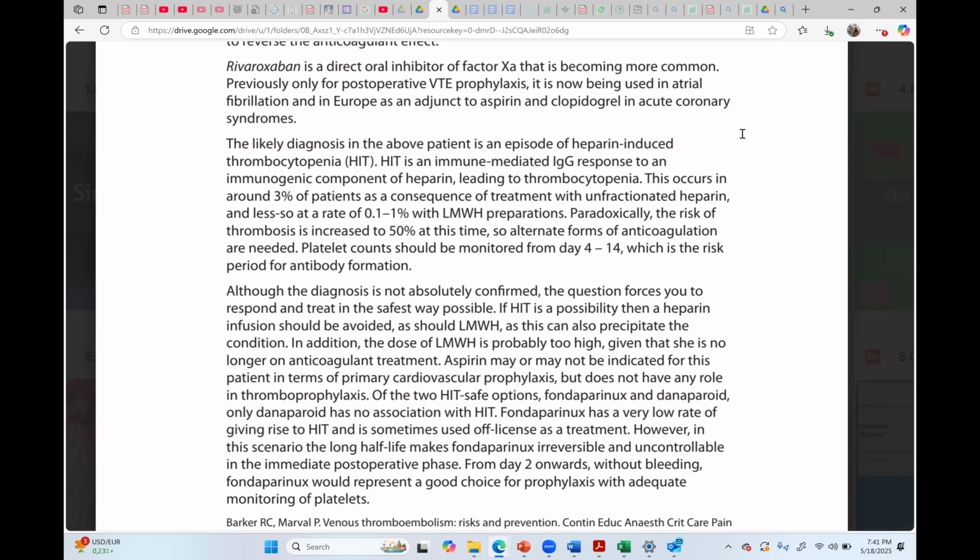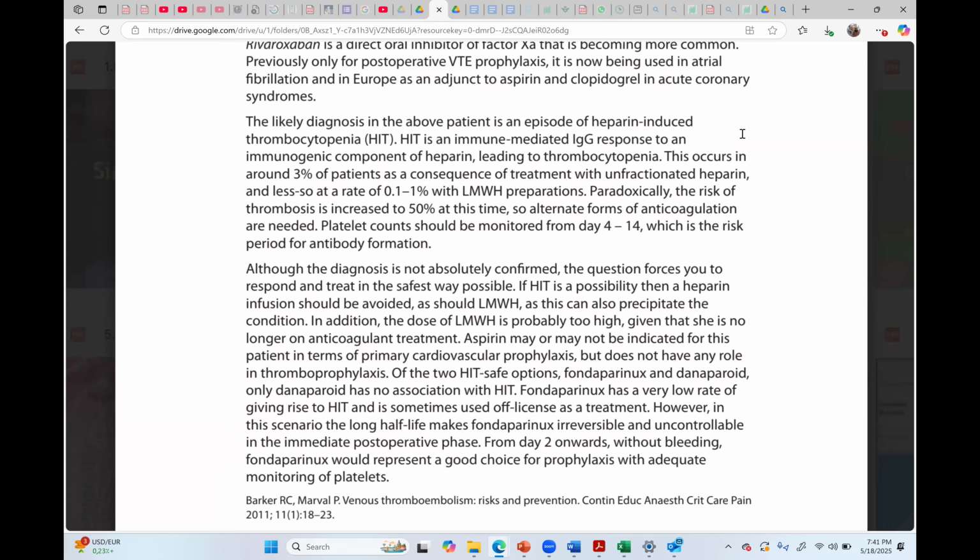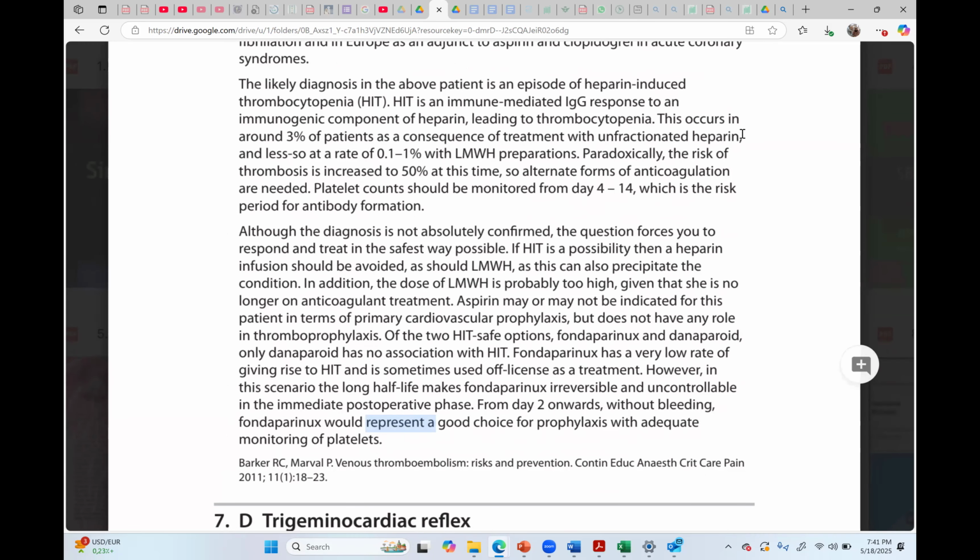Fondaparinux has a very low rate of giving rise to HIT and is sometimes used off license as a treatment. However, in this scenario, the long half-life makes fondaparinux irreversible and uncontrollable in the immediate post-operative phase. From day 2 onwards, without bleeding, fondaparinux would represent a good choice for prophylaxis with adequate monitoring of platelets.